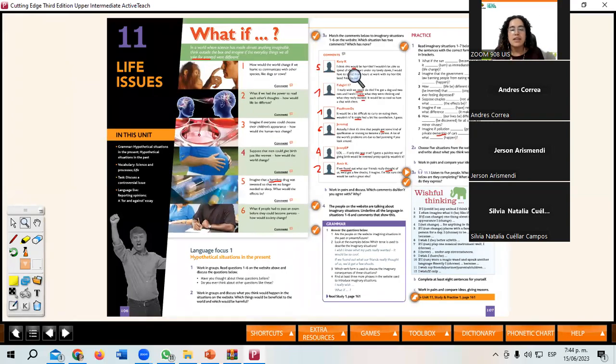So we can see that the past structure not always refers to the past. In these examples, like I wish or if only or if I had more time, todas estas con condiciones y el I wish y el if only son situaciones hipotéticas e imaginarias, okay? For the present or the future, all right?